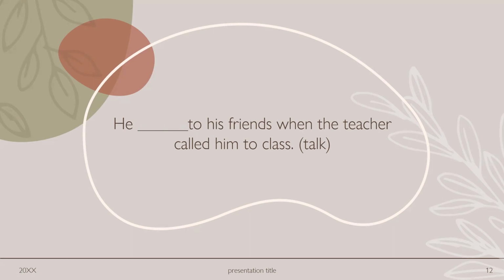The verb is talk. Let's see if you got it right. He was talking to his friends when the teacher called him to class, because the sentence indicates that this action happened in the past. All right, next.